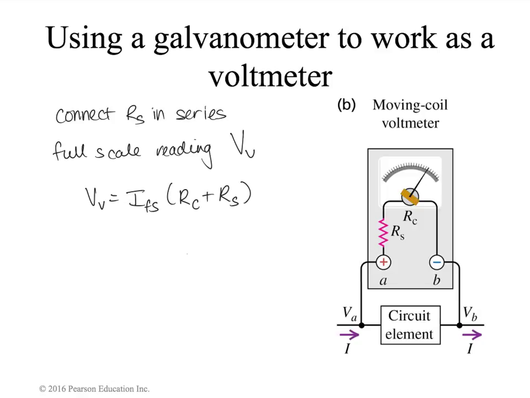And what this will do is most of the potential difference is going to be across the resistor that we put in series, not the resistance of the coil, and that's going to help us out.